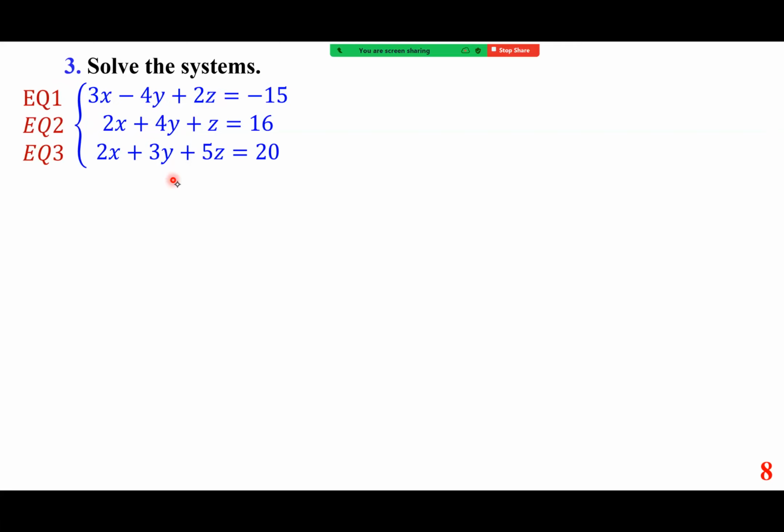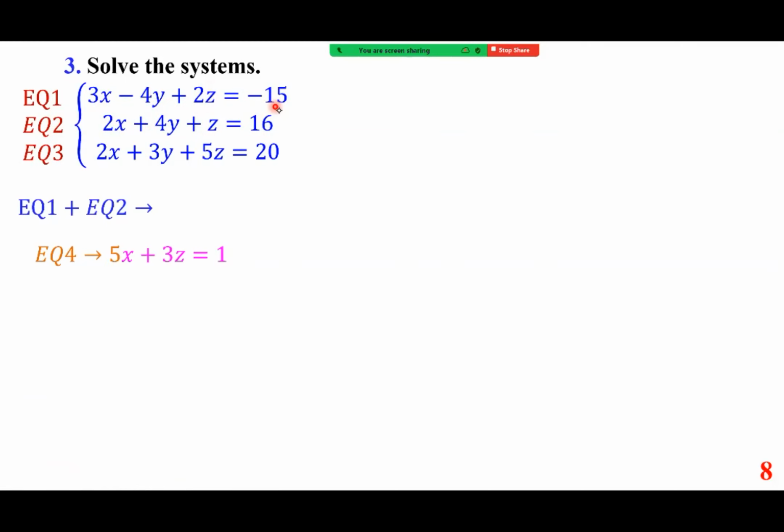You have to decide which variable to get rid of, and you really have to choose wisely because some of them are easier than the other one. For example, you notice that these two can cancel each other. And so simply put, if you add these two, this one and this one cancel each other, these two, equation 1 and equation 2, you get 5x plus 3z equals 1. So equation 1 and equation 2 result in that.